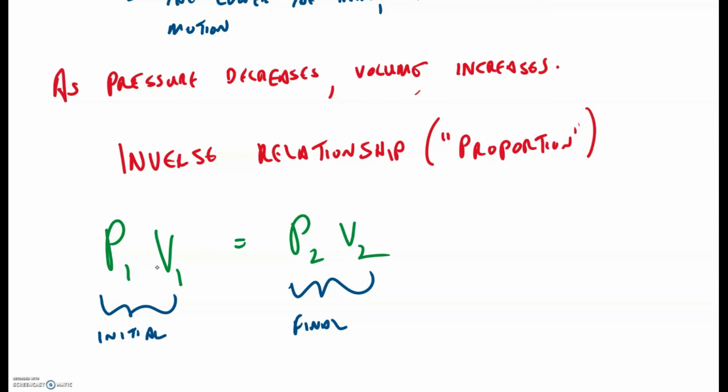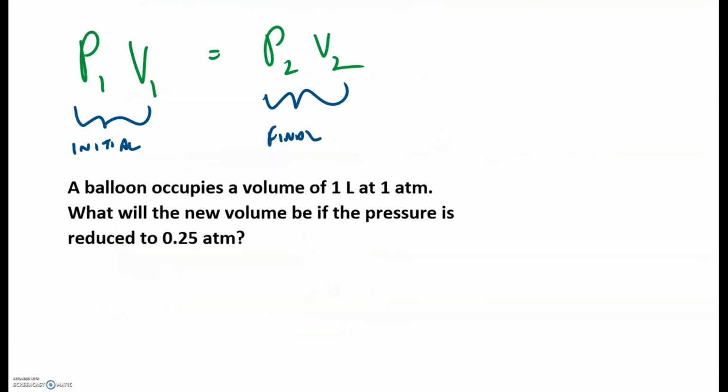So let's set up a problem that's pretty exemplary of what it is we're trying to solve here. So here's the type of question you can expect me to ask. A balloon occupies a volume of 1 liter at 1 atmosphere. What will the new volume be if the pressure is reduced to 0.25 atmospheres? What I like to do, because it's easy for me to get these things mixed up, is I like to establish what I know. So my initial pressure, my P1, is 1 atmosphere.